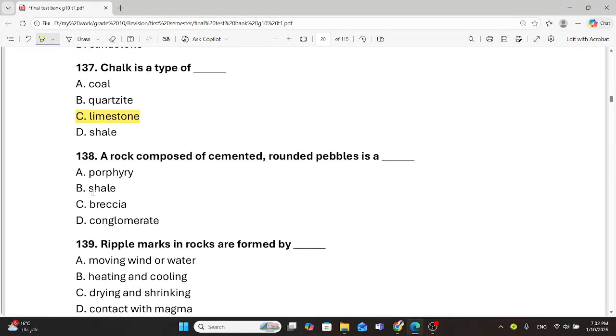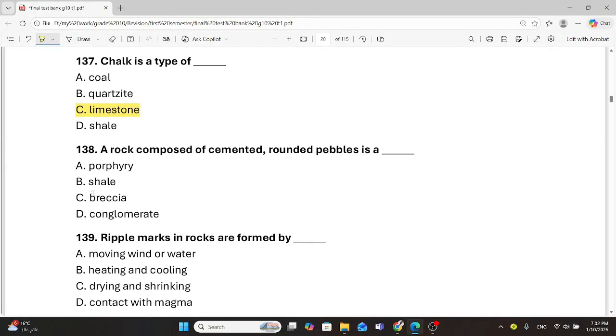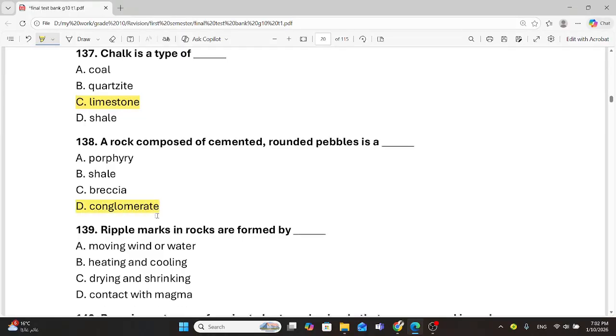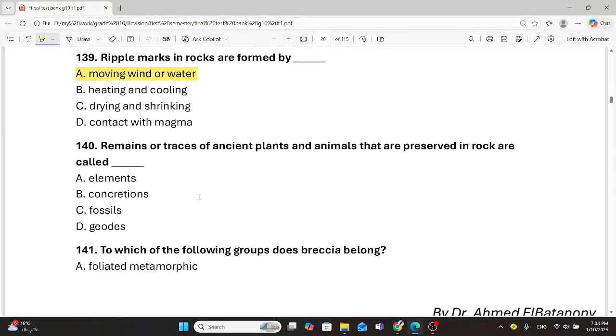A rock composed of cemented rounded pebbles is a conglomerate. Ripple marks in rock are formed by moving wind or water. Remains or traces of ancient plants and animals that are preserved in rock are called fossils.